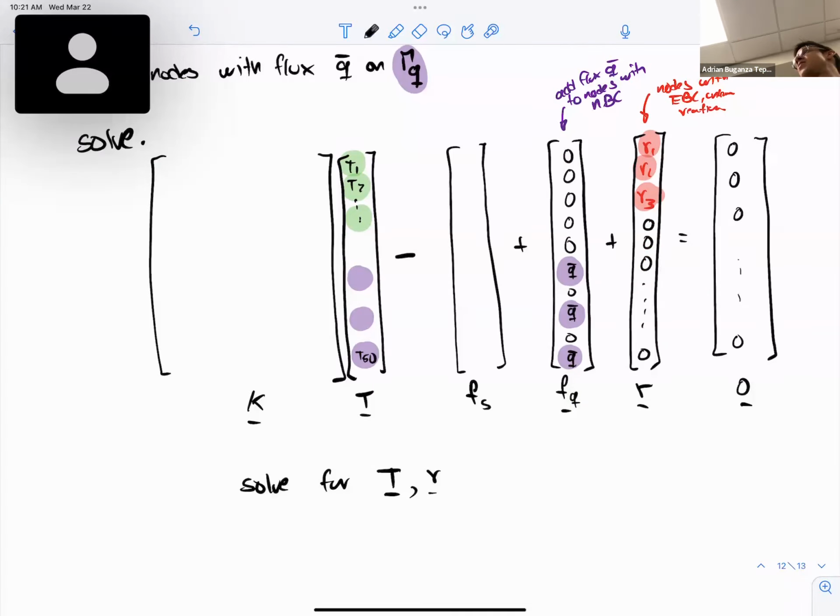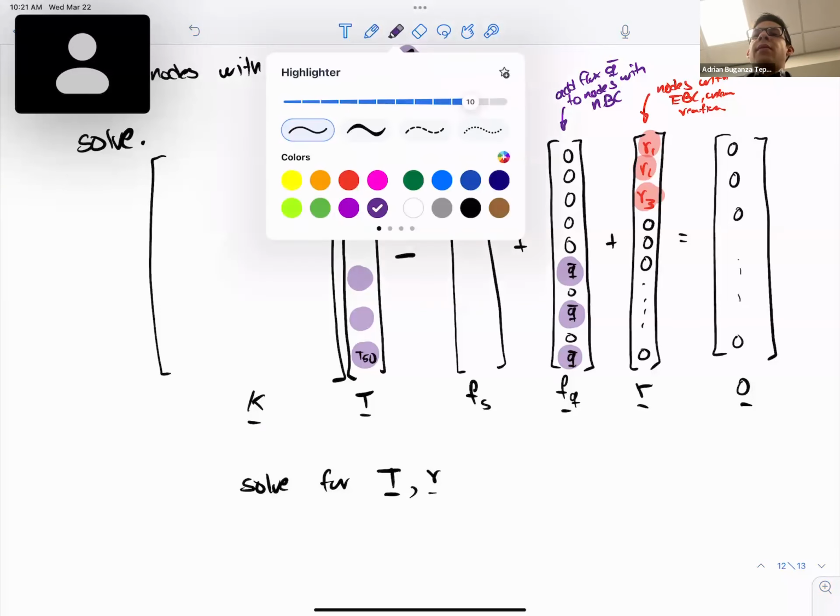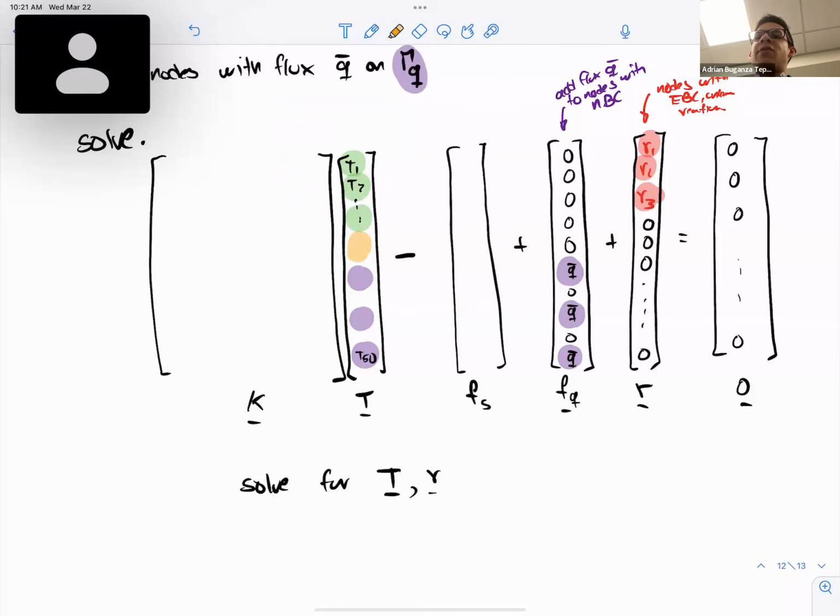Because what are the unknowns in this problem? The unknowns are all the temperatures, all those orange temperatures, and the reactions for the nodes for which we know the temperature. So that's it, that's the problem.